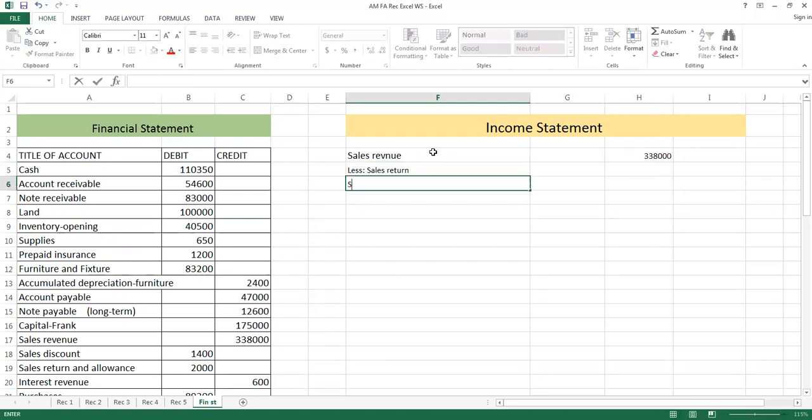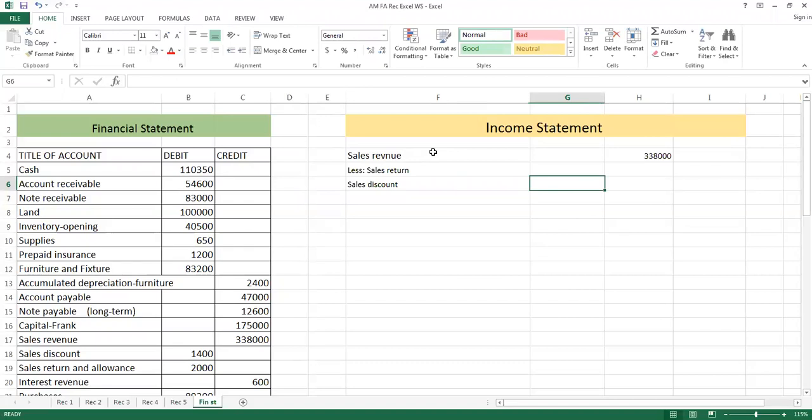sales return, and we will also minus sales discount, depending whether given in the question or not. So again check, sales discount is given. Sales discount is 1400 and sales return is 2000. So sales return we will take 2000, and sales discount is 1400.